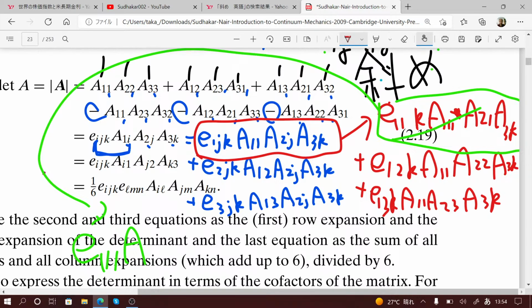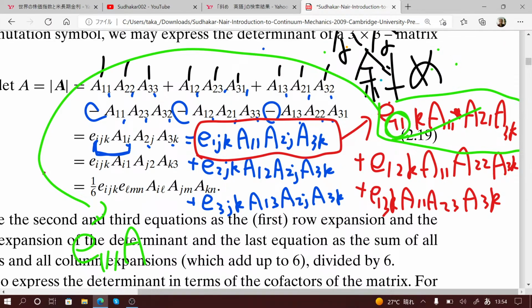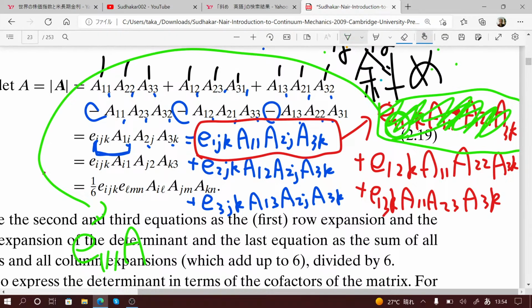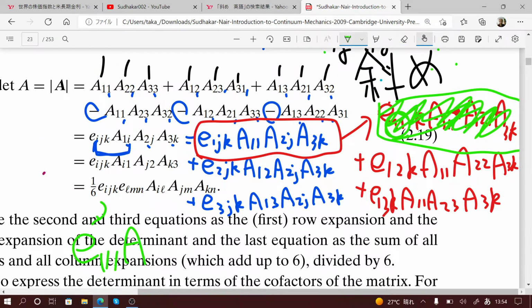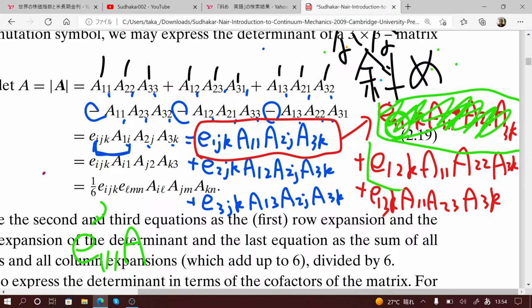So this whole thing is 0. So then we expand actually the second one.